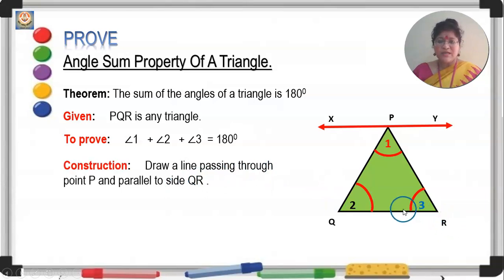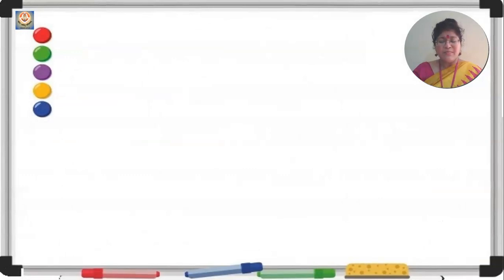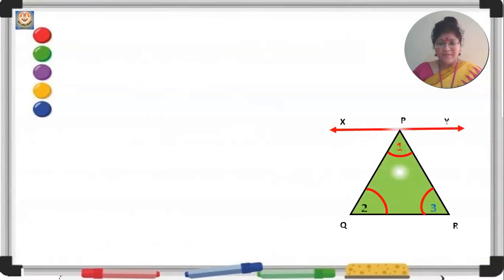So students, we will begin with the proof now. I want you to jot down this, the name of the theorem, what is given, what you need to prove, construction along with the diagram. So let us have a look at the proof. The same diagram, I'm drawing it once again.